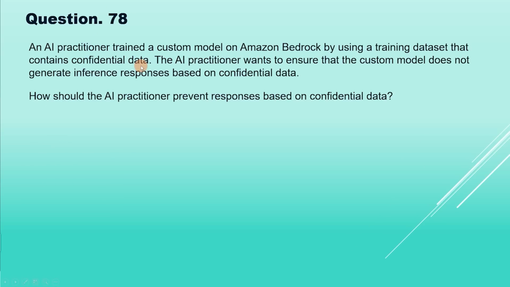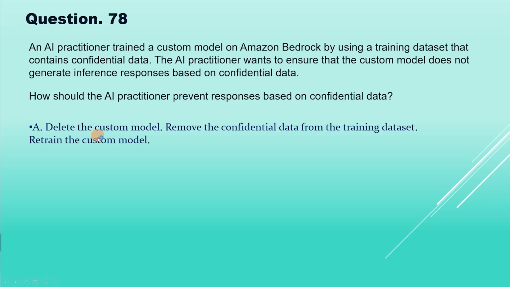An AI practitioner trained a custom model on Amazon Bedrock by using a training dataset that contains confidential data. The AI practitioner wants to ensure that the custom model does not generate inference responses based on the confidential data. How should the AI practitioner prevent responses based on confidential data? Here are the options: option A, delete the custom model, remove the confidential data from the training datasets, and retrain the custom model.